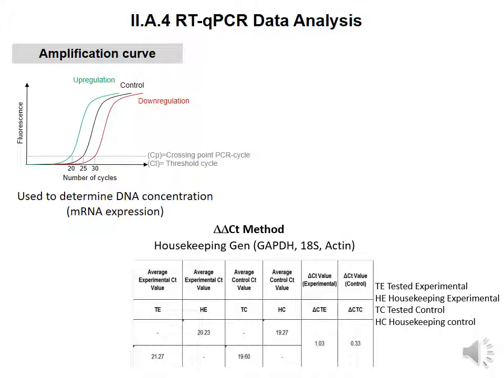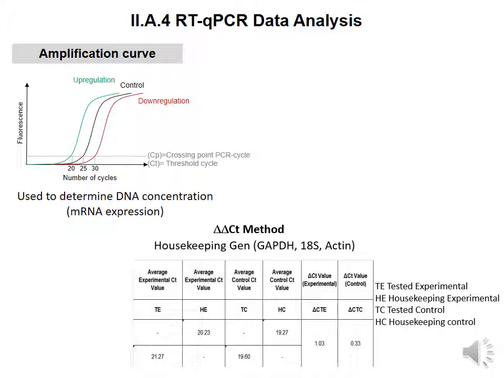You have to determine experimentally which ones are better for your conditions, because sometimes some are not very good for your experiments. And you will also need to determine at least one control sample. So then the expression of the experimental samples will be compared to the control sample, and that's why the analysis will show relative change in expression.